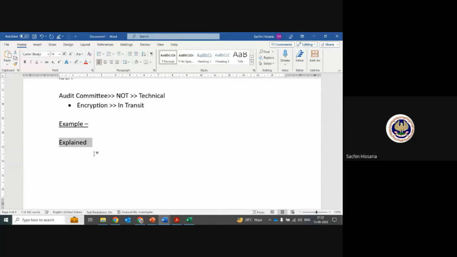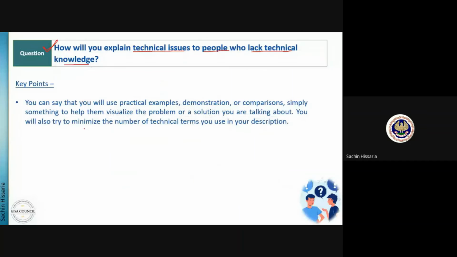You have to prepare for this question. While answering, you can say that you will use a practical example, a demonstration or comparison, or simply something to help them visualize the problem.